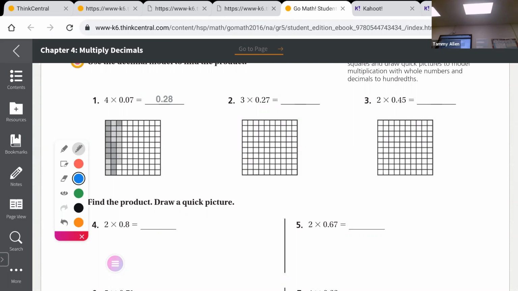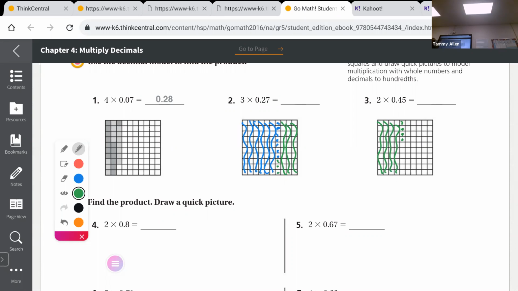For number 5, we want 2 groups of 67 hundredths. We've used up 2 of these 10 by 10s.